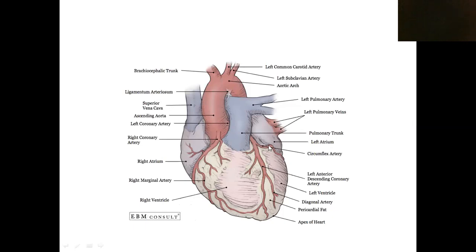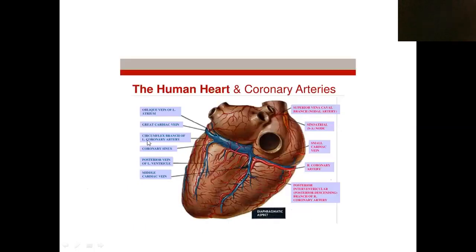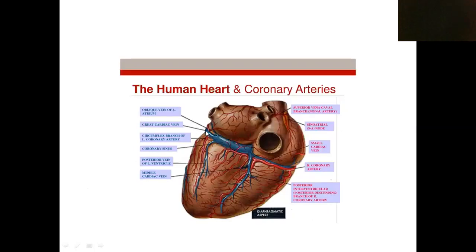So it lies in the left anterior coronary sulcus. After that sulcus, here it winds around the left border and runs through this posterior left coronary sulcus and reaches the upper part of the posterior interventricular sulcus.